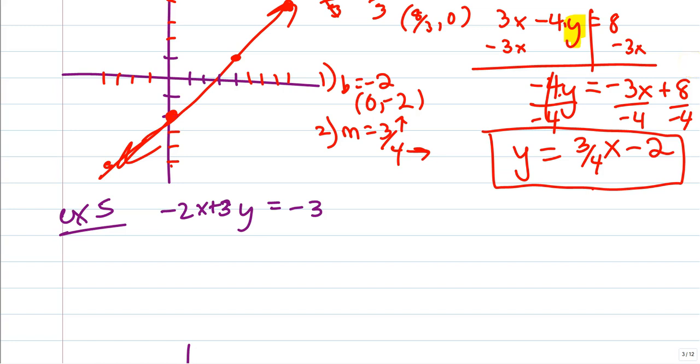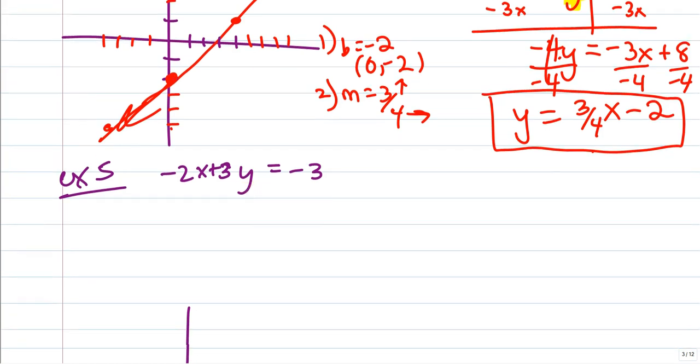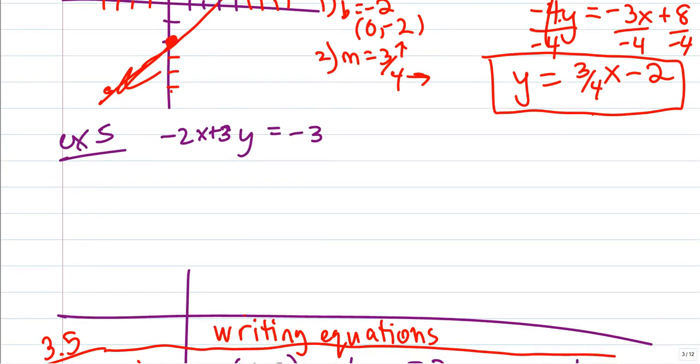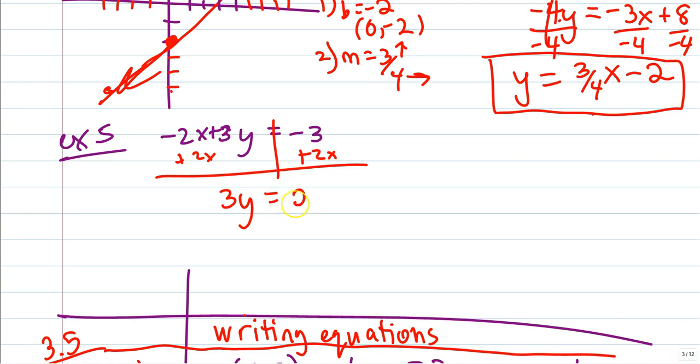Last one. If we look at this, I'm going to graph this not in the form it is. I want to solve for y. So how are we going to do that? Add the 2x over. So now 3y is equal to, put it in mx plus b, 2x minus 3. To undo the multiplying, we divide by 3. Each term gets divided by 3.